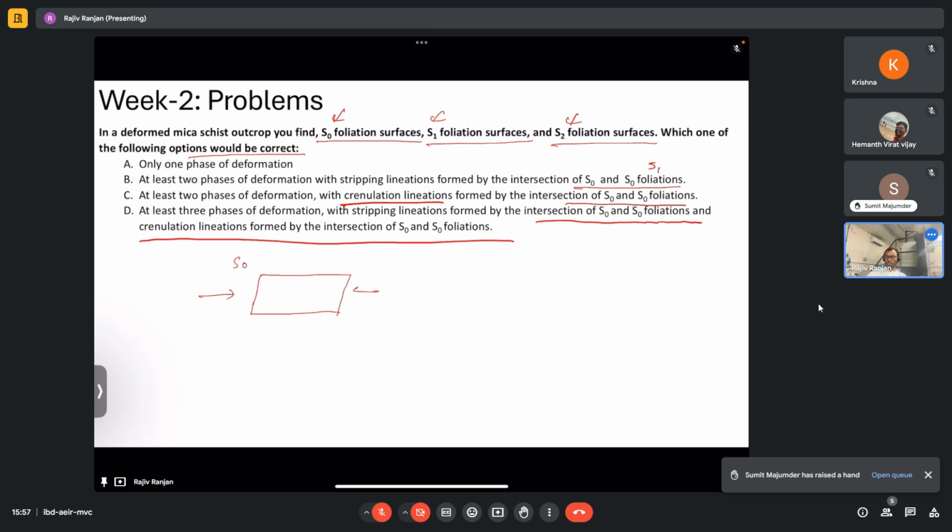This got folded. Here we can see axial planar cleavage is there, and this will become S1.